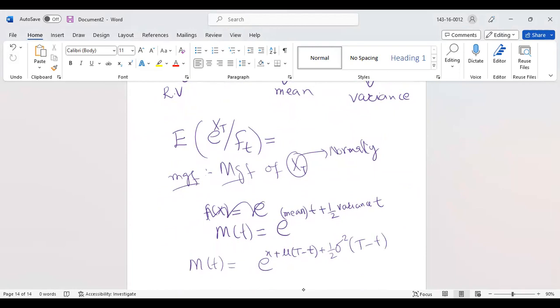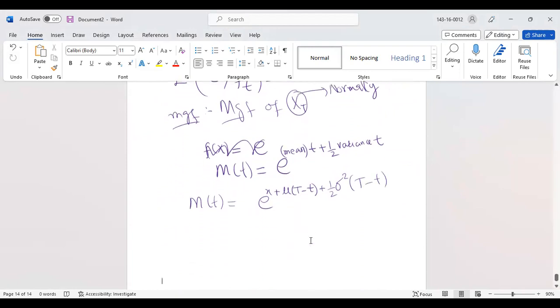So this is going to be my MGF for our case.